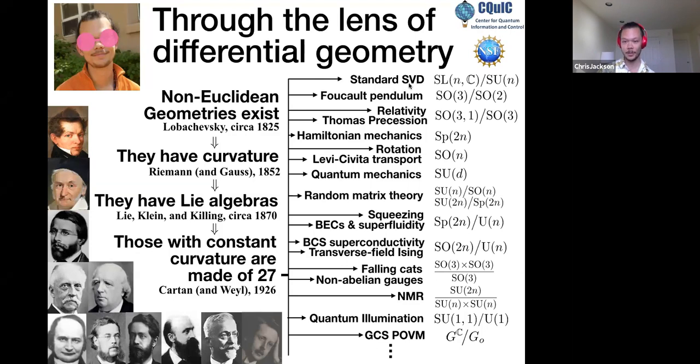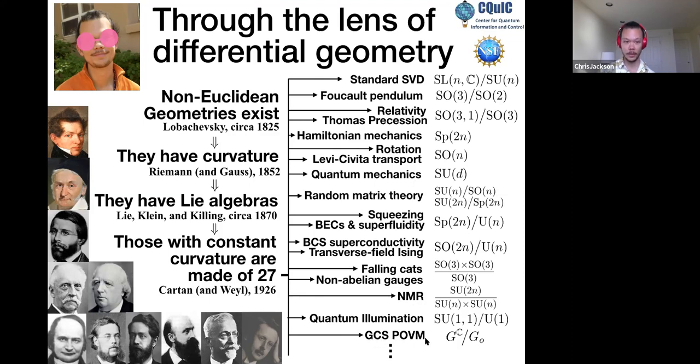And in fact, the perspective is the same if you think about things like pendula moving around the Earth, relativity in space-time, Hamiltonian mechanics, rotations, quantum mechanics, random matrix theory, optical squeezing, transverse Ising models, my favorite, falling cats, nuclear magnetic resonance, quantum illumination, something that was actually demonstrated by some friends of mine recently, that this is also a kind of just a different way of thinking about matrix decomposition. And the one I'm going to talk to you a bit about today is the relationship of these with what's called the generalized-coherent state POVM.